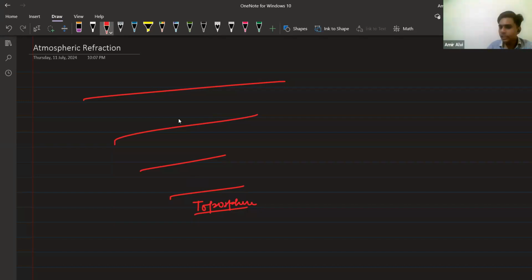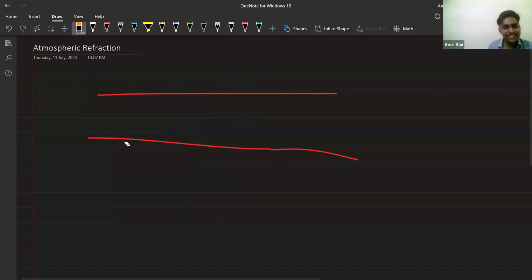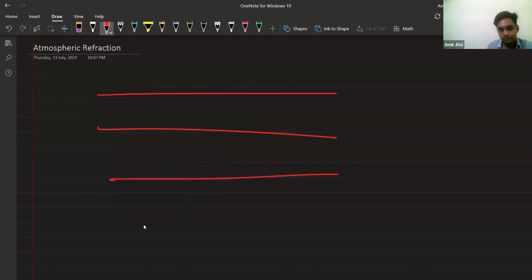Basically every layer has a different density. Every layer will have a different density. Sorry for the mispronunciation. Okay, like this. This total is called the atmosphere.